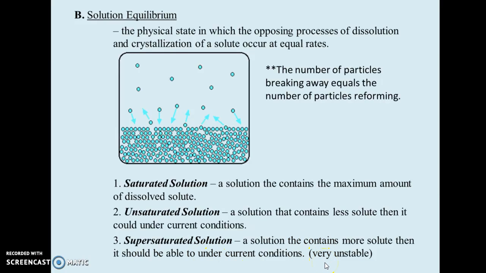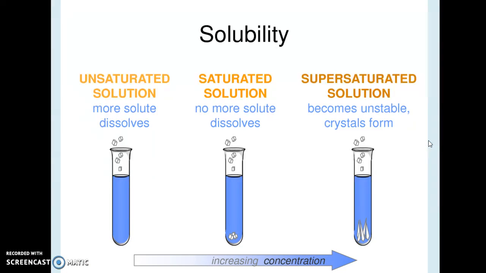All right, so what you do is you heat up a solvent to force it to dissolve more solute, and then you slowly cool it down so that all of a sudden you get this unstable solution that's holding more solid than it should be able to, and that's why we get those cool crystallization reactions. So again, unsaturated could dissolve more, saturated cannot dissolve anymore at that given temperature, and supersaturated becomes unstable and crystals form when you add more solute.